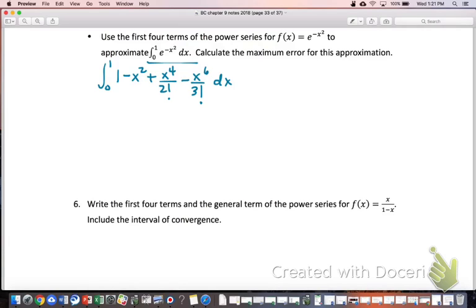So don't we just find the next term? That's for alternating. Just find the next two. Yeah, so you can cancel that.